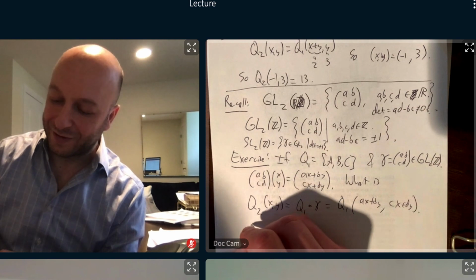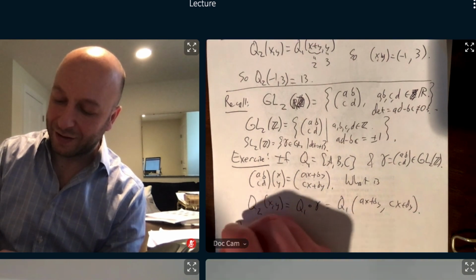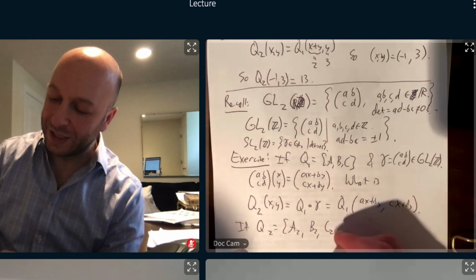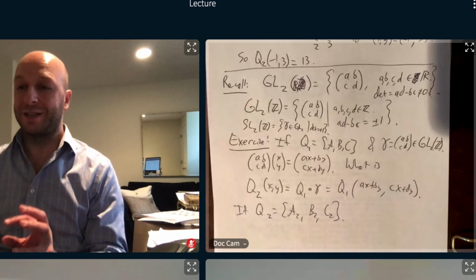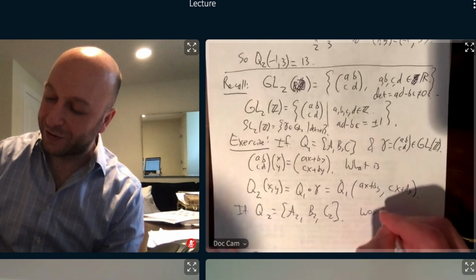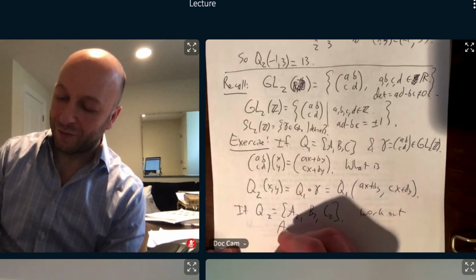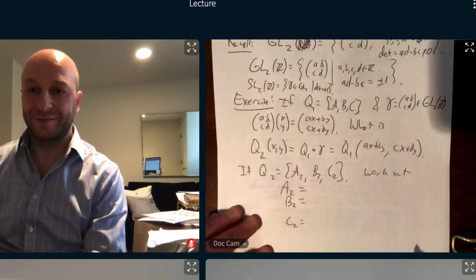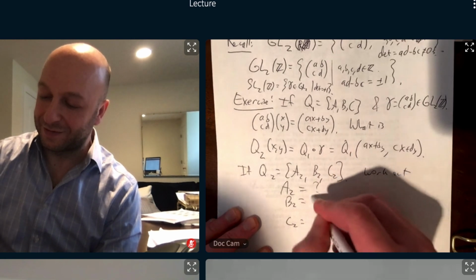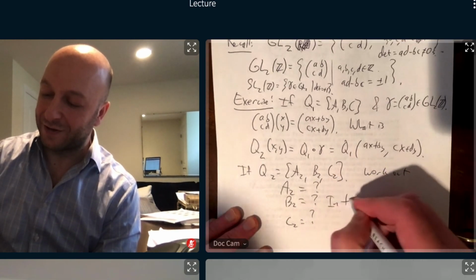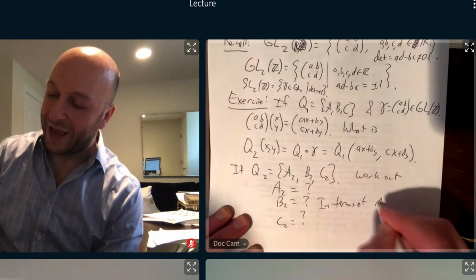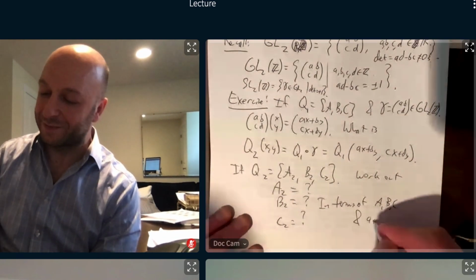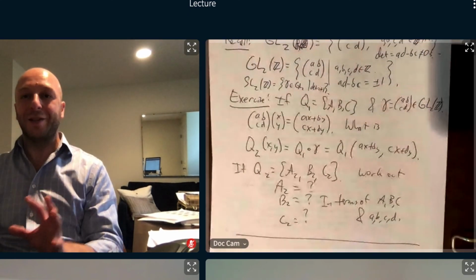So if Q2 is written as A2, B2, C2, really do this exercise. This is an important exercise. Work out what A2, B2, and C2 are in terms of A, B, C, and A, B, C, D. Okay, this is a fundamental exercise.